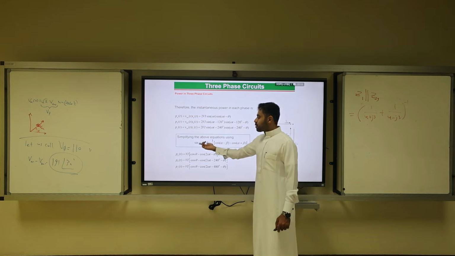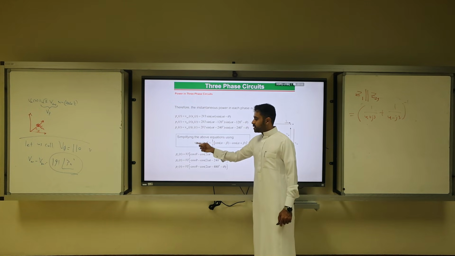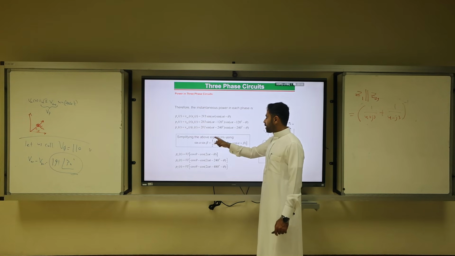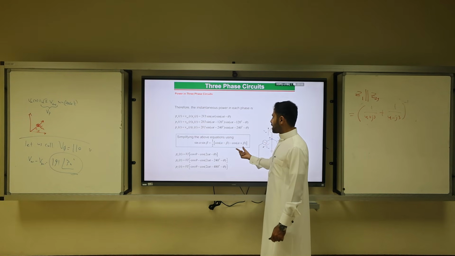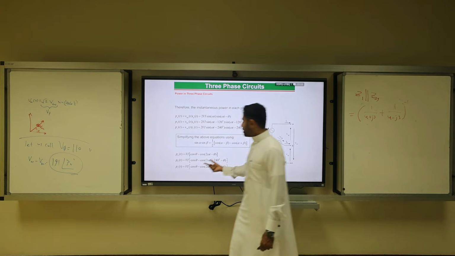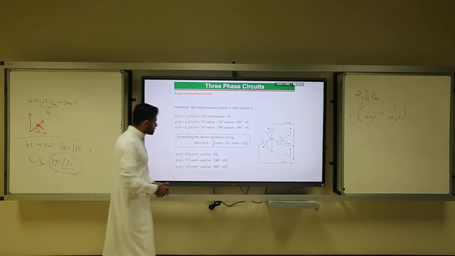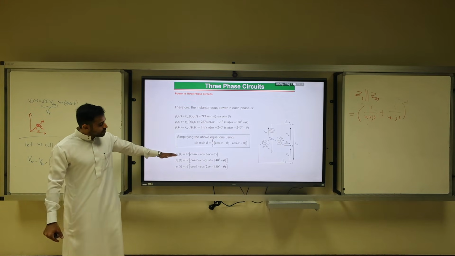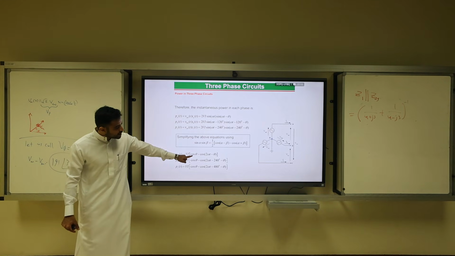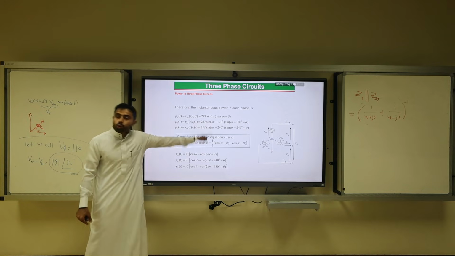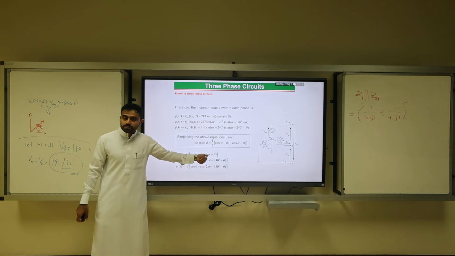So we are familiar with this trigonometry. Sine alpha sine beta equals half of cosine alpha minus beta minus cosine alpha plus beta. If you apply this trigonometry, you will find that each term would be VI times cosine theta minus cosine of twice the frequency.